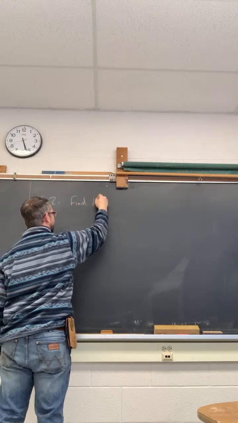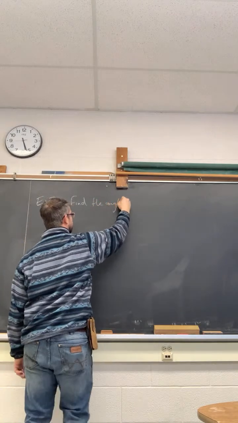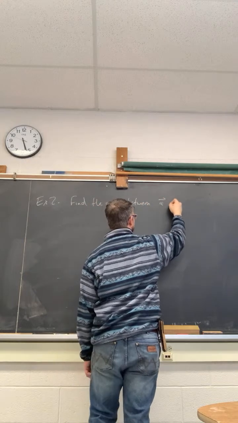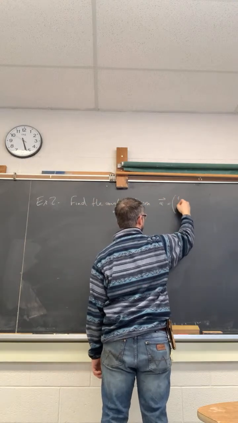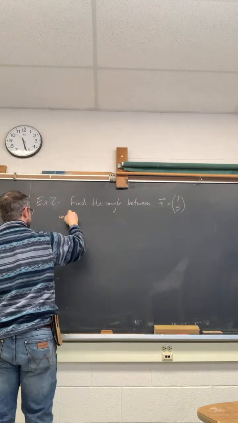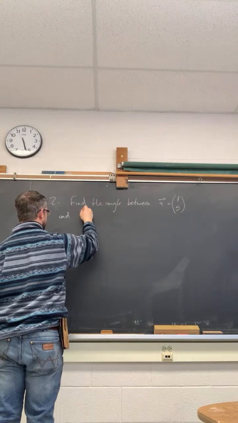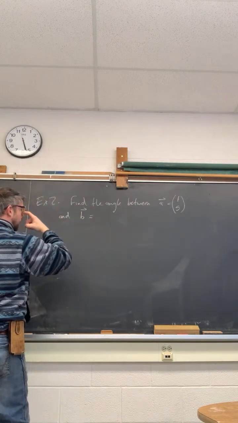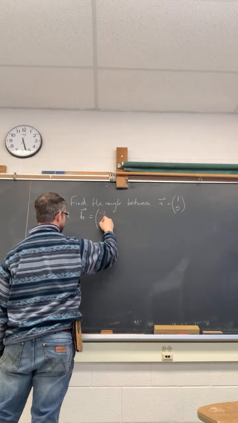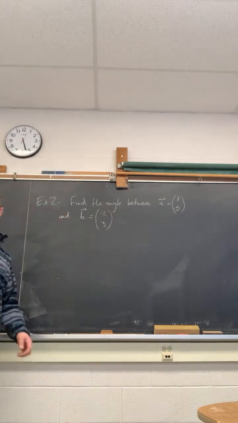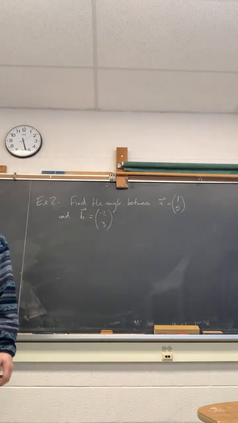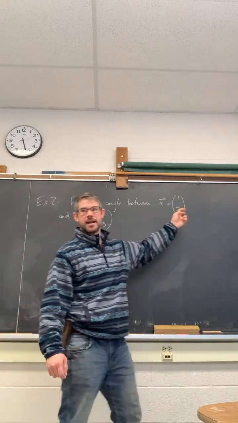Find the angle between A, which we'll let be (1, 5), and B, which we'll let be (-2, 3).